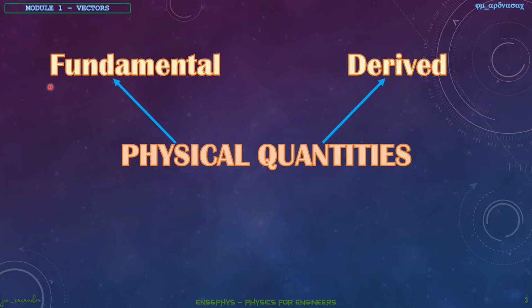When we talk about fundamental quantities, these are physical quantities that are independent of their own. When we say independent, there are no other terms that could define that fundamental quantity. We have 7 fundamental or basic quantities: mass, length, time, electric current, amount of substance, temperature, and luminous intensity.